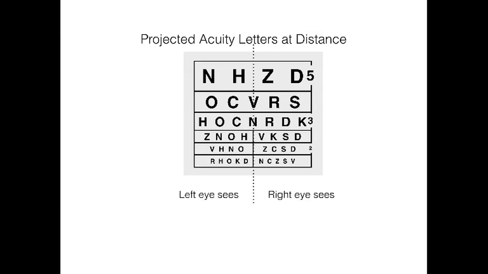So what we'll do is we'll split the target down the middle, and that is not exactly how these acuity targets are built, but this will give you the idea of a suppression and how it flips back and forth. So left eye's picture might drop out, then it comes back. Then the right side, some of that might drop out.